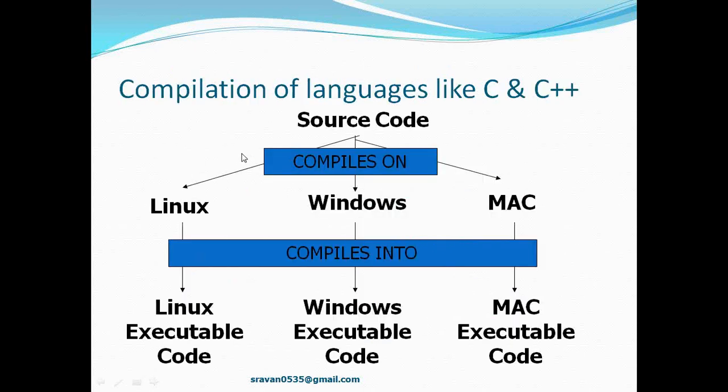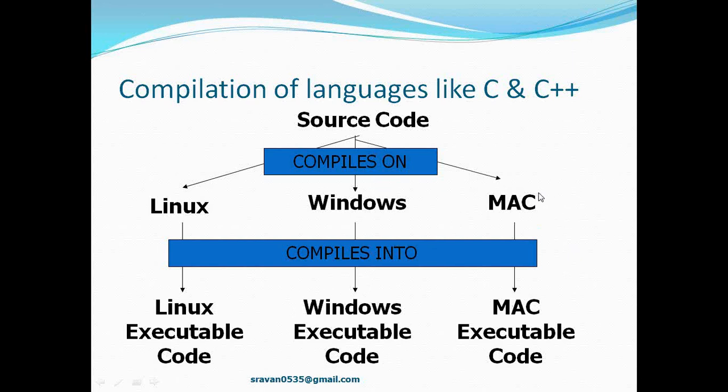Here I'm showing you the compilation process of C and C++. Generally C and C++ are platform dependent. Suppose I write one program and compile it on Linux, then it will generate Linux executable code. If I compile it on Windows, it generates Windows executable code.